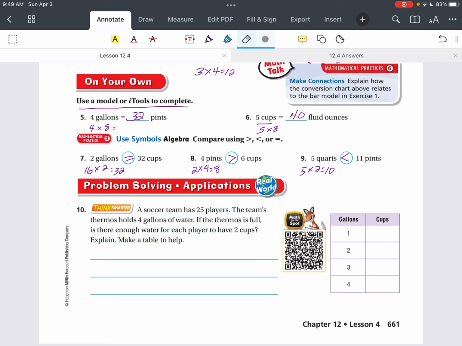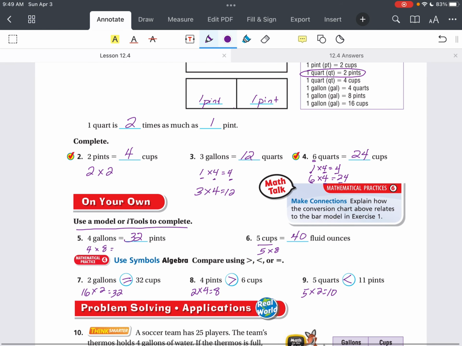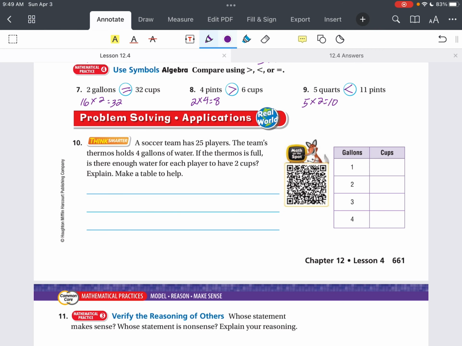Okay, so over here they have gallons to cups, and if we look at the chart, we see that 1 gallon is 16 cups. So 1 gallon would be 16, and then I could just add another 16, and that gives us 32. And then I could add another 16, and 6 plus 2 is 8, and 1 plus 3 is 4.